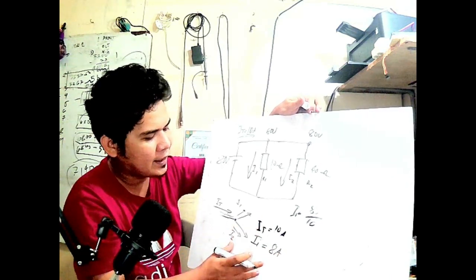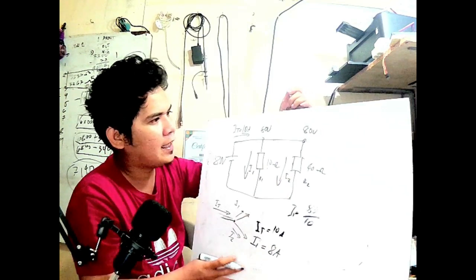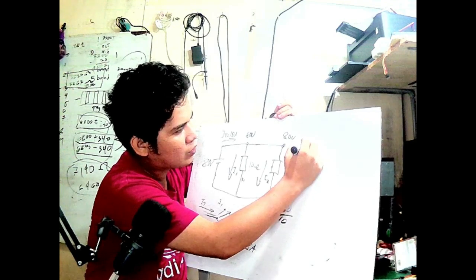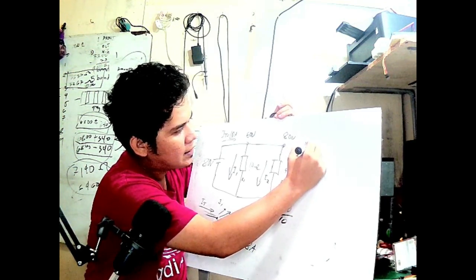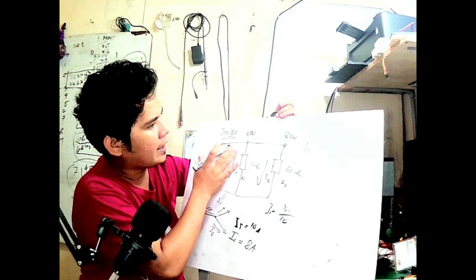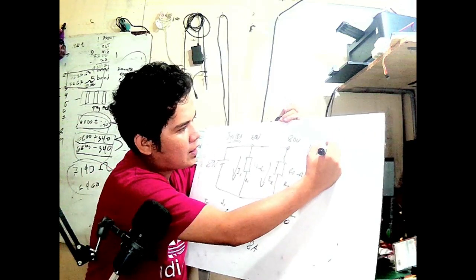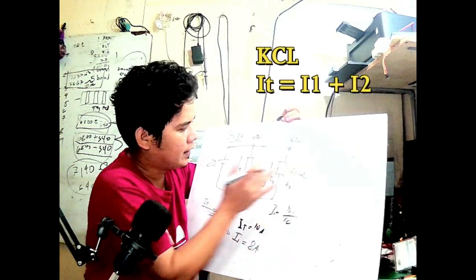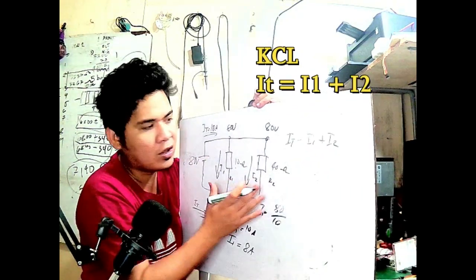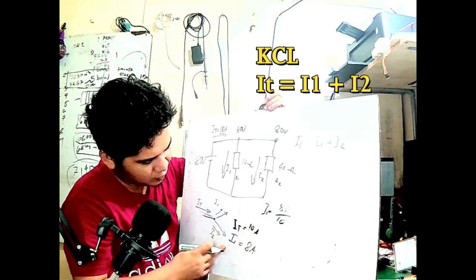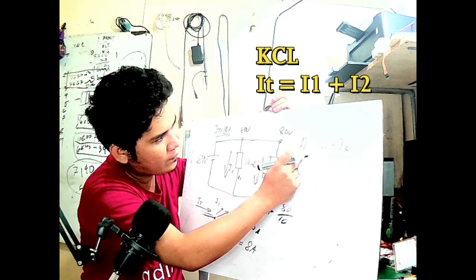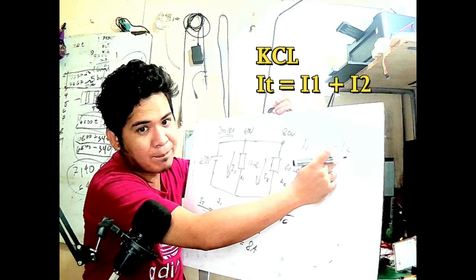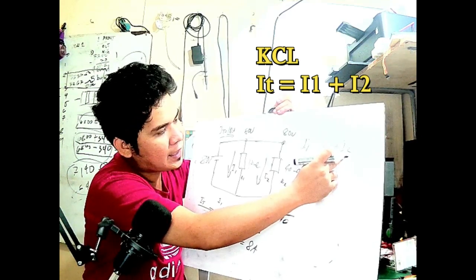So, expected natin, kung checkin natin sa ating KCL, is total I is equals to I1 plus I2 in this circuit. Okay, sa circuit na to. So, pag-checkan natin yung ating, we have I1 and we have total I. So, malalaman natin kung ano yung value ng ating I2.